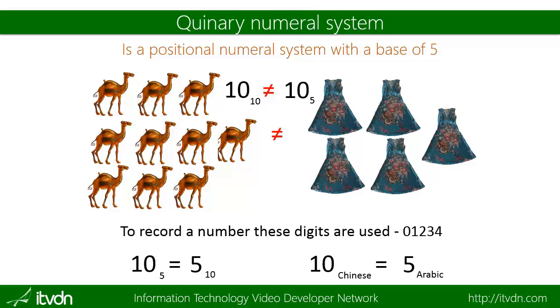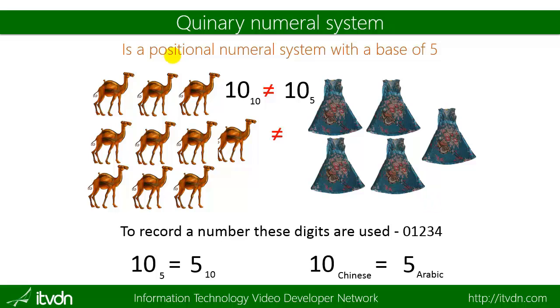What this means is that we have 1, 2, 3, 4, and then 10. Basically, the Chinese people at that time, a very long time ago, they didn't have the numbers 5, 6, 7, 8, 9. So they only used 0, 1, 2, 3, 4, and then 10.